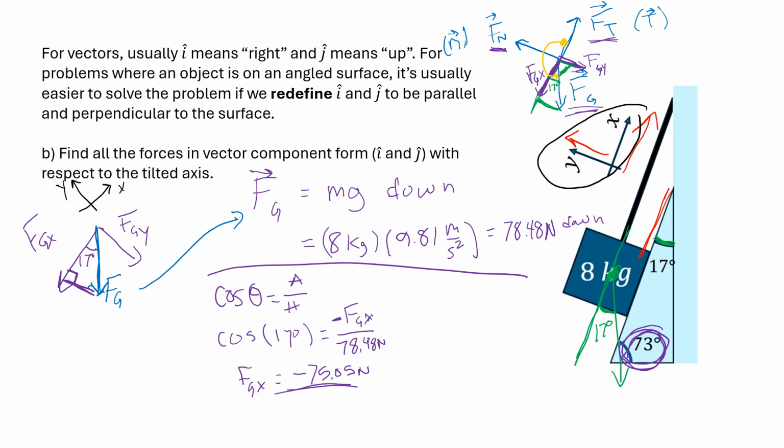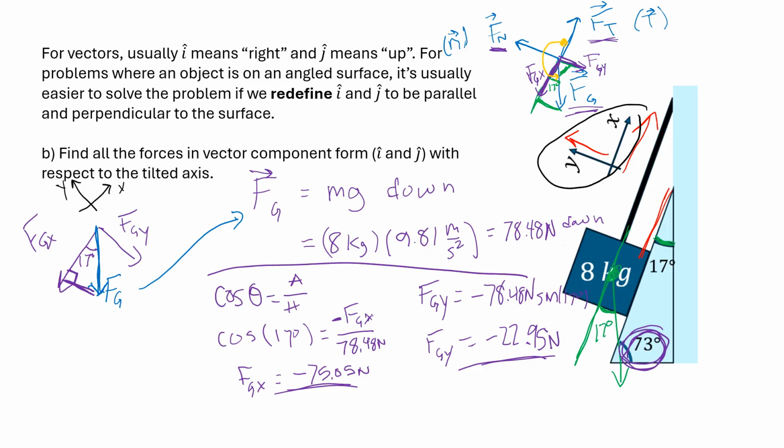We can do the same thing for FGY. I'll just skip to the same idea that FGY is going to be equal to negative 78.48 newtons sine of 17 degrees. Should be negative 22.95 newtons. Once again, we put in the negative sign because it is pointing downwards.